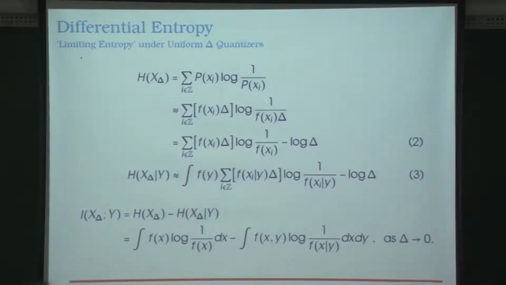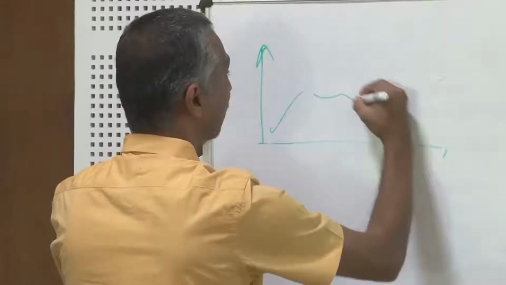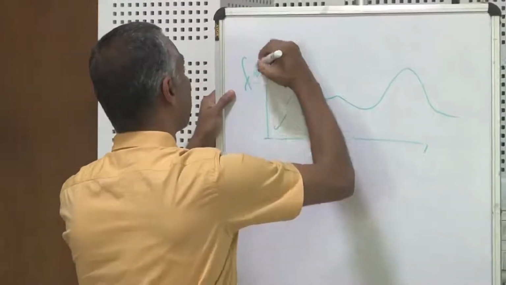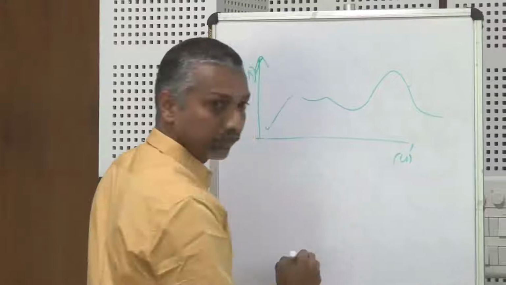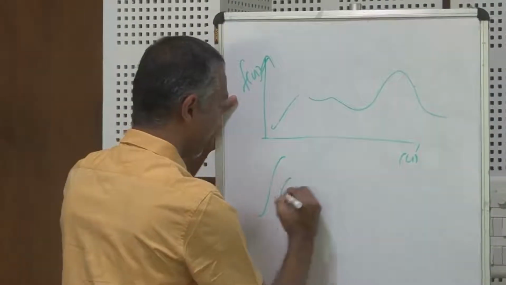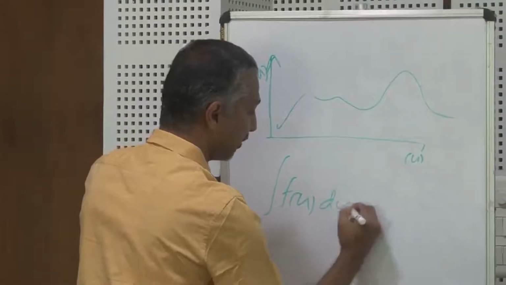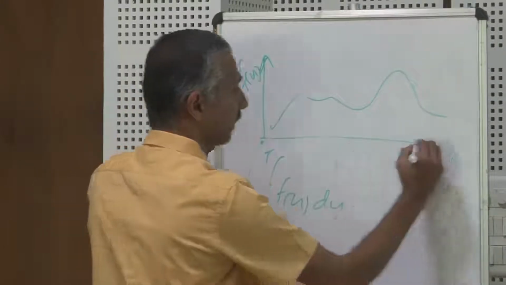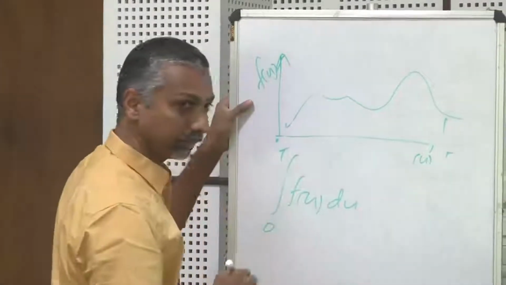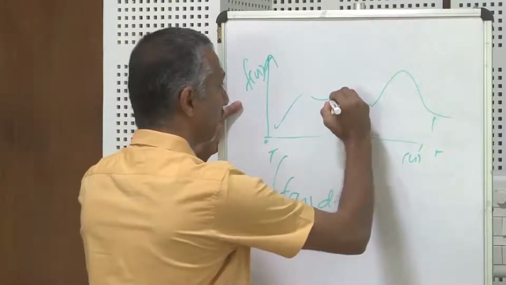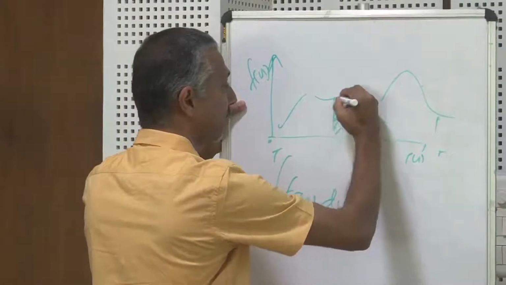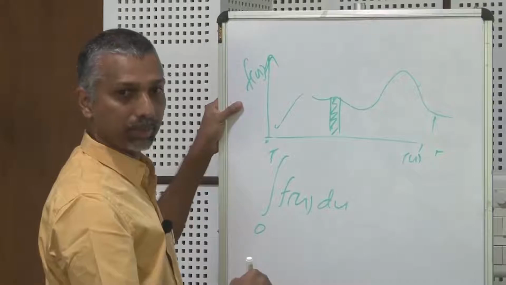This entropy is exactly what Riemann's sum is. So suppose you have a function, let us say f(u), and you want to find the integral of f(u) du from, let us say 0 to t, some t. So what you are going to do is take this point here and add up all the things, right.